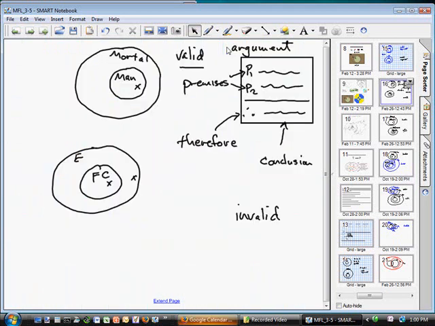Strange but true. Okay, in the box, I'm just trying to show you how an argument is set up. You've got these statements, and then you've got the therefore, and then you've got the conclusion. We have a name for these statements above the therefore. They're called premises. So it's like premise 1, premise 2, and the plural of the word premise is premises. So it's kind of like you're given information.